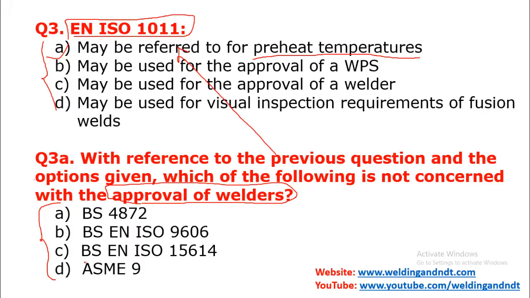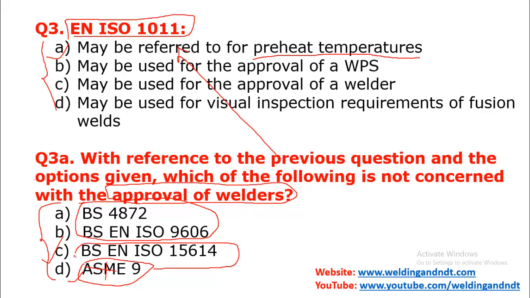So ASME Section IX is a very popular standard, and it is used for WPS, PQR as well as for welder qualifications. Hence this is not the right answer because it is concerned with welder approval also. These two standards are also somewhat referenced for welder approval. The correct answer is option C, that is BS EN ISO 15613.